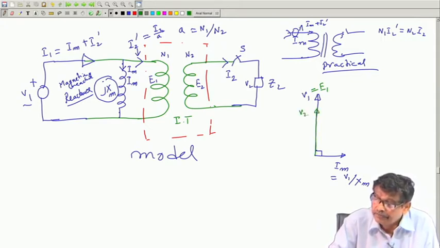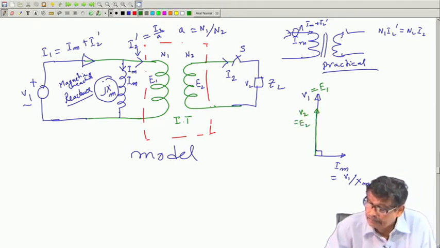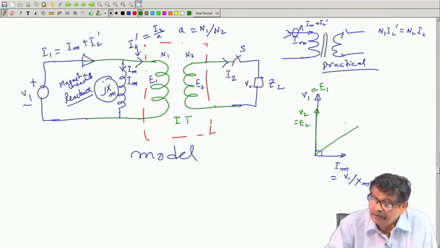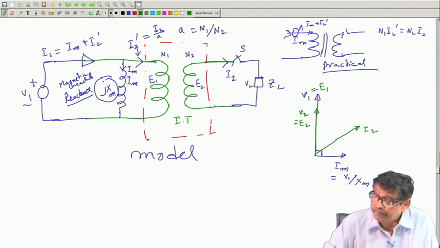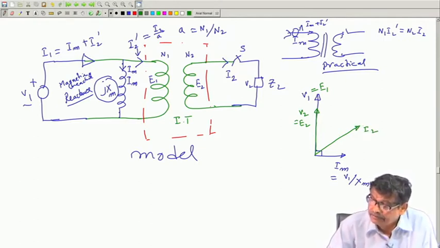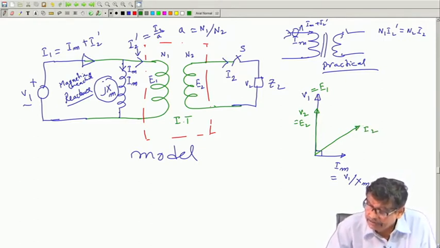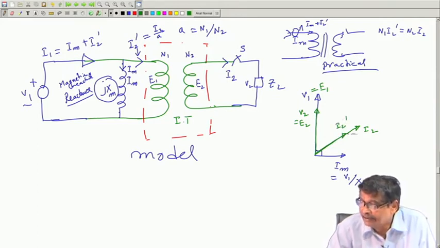And this will be your V 2 which is same as E 2, and suppose the load power factor decides what is the current here, I 2. Then current drawn from the primary will be I 2 dashed, and then this I 2 dashed plus this I m, if you add you will get primary current I 1.